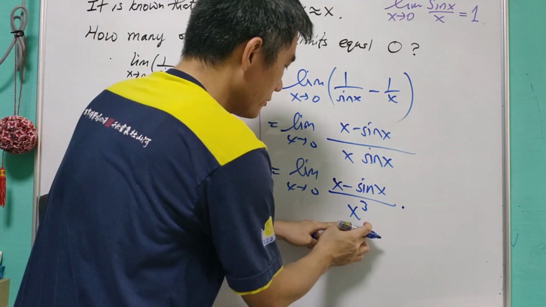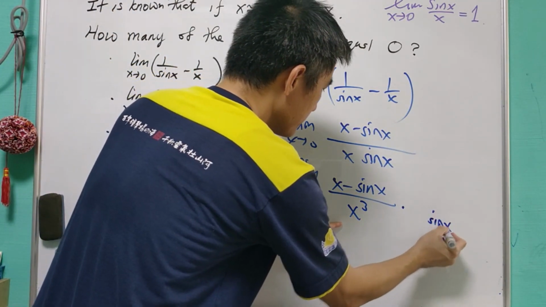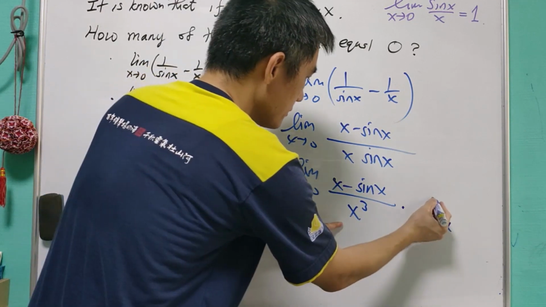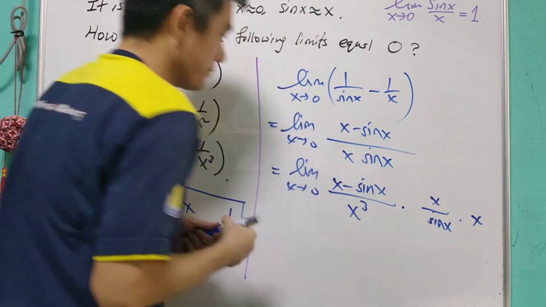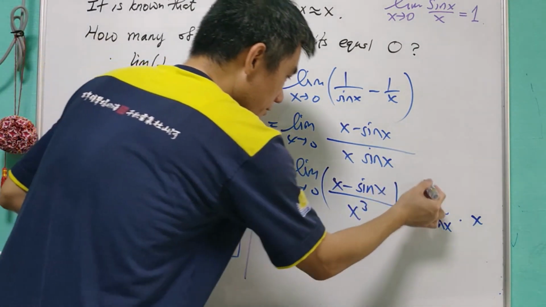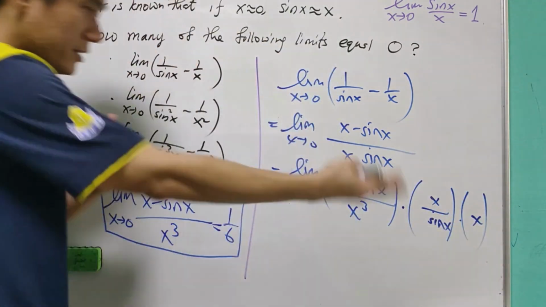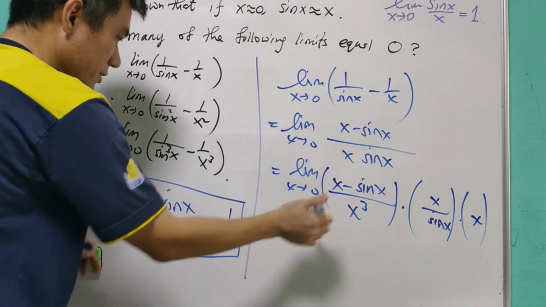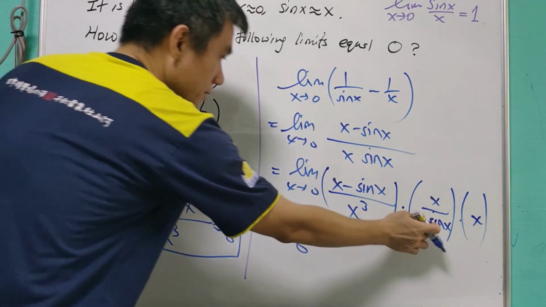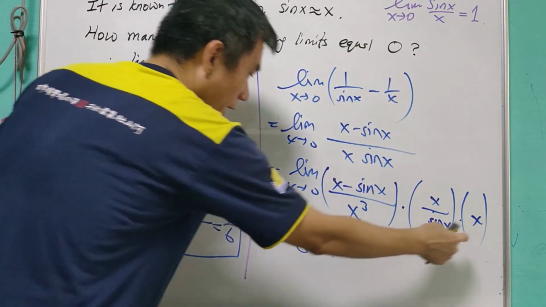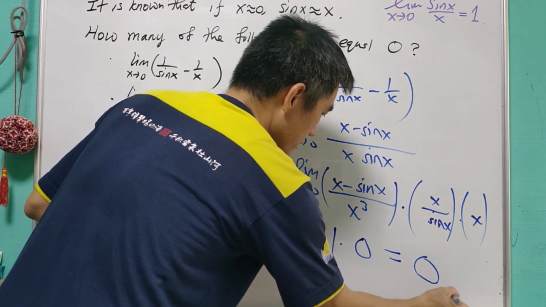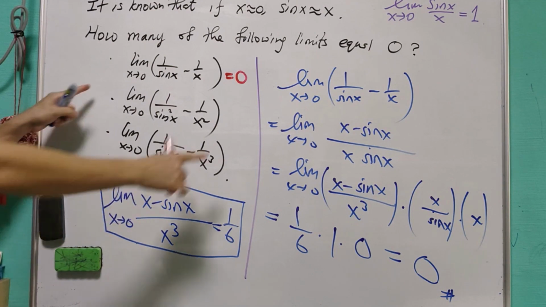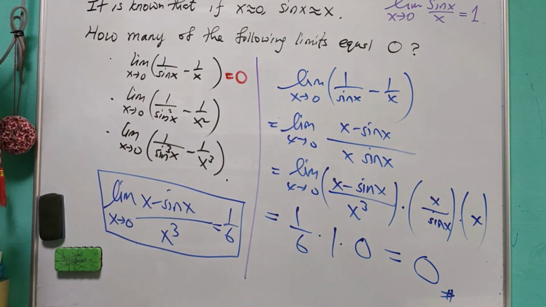So we're left with sin x and x and x. x sin x can be written in this form. Since each of these limits exists, we can separate them, and this is equal to 1 over 6, this is equal to 1, and this is equal to 0, so the outcome is equal to 0. With this, the first limit is equal to 0.